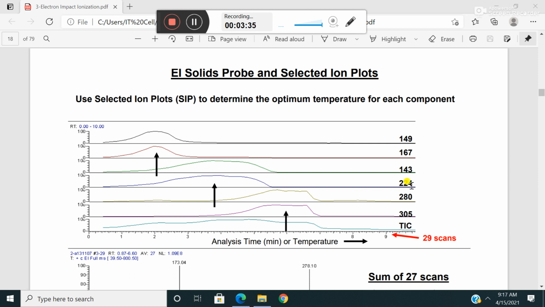I mean the ones with m/z of 224, 280, they are giving peaks. But there are still other peaks which are not giving anything. And when the analysis time reaches 5 to 6 minutes, these components give the molecular ion peak at 280, 305, etc.